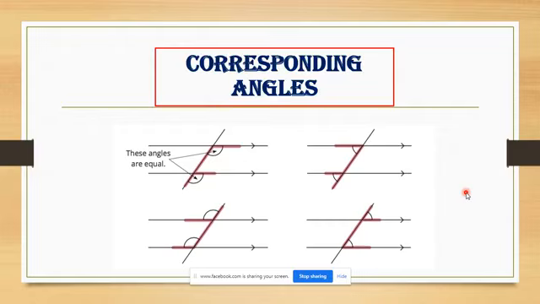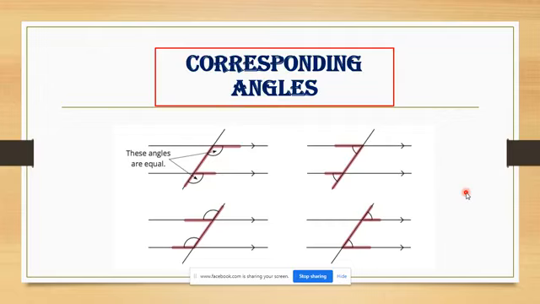If the lines are parallel, corresponding angles will be congruent. This property is very, very important, because in 8th, 9th and 10th even, you have to solve such type of questions in geometry.